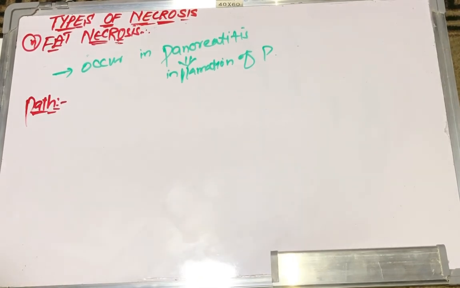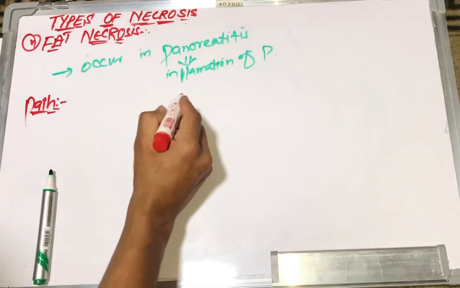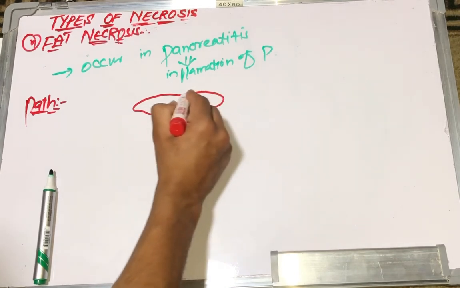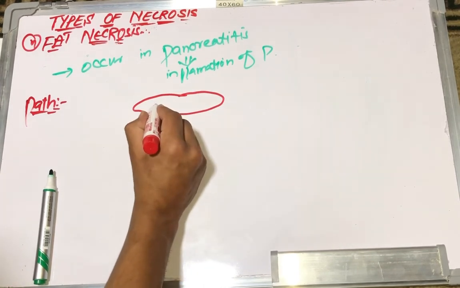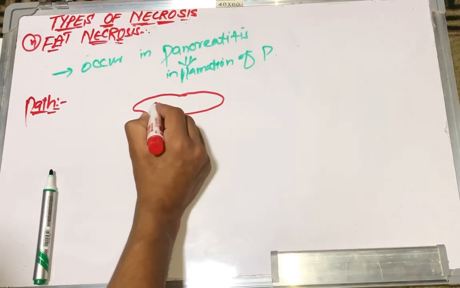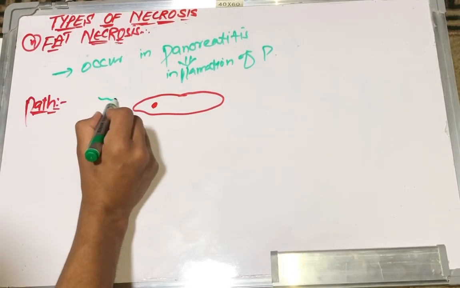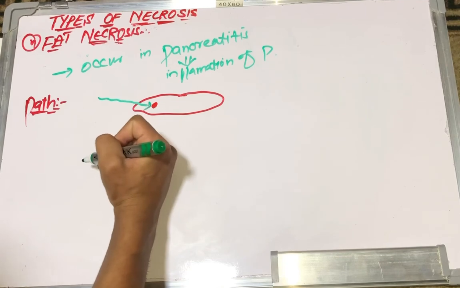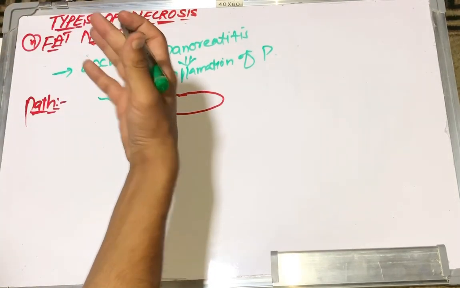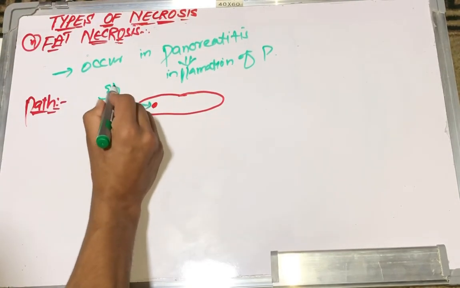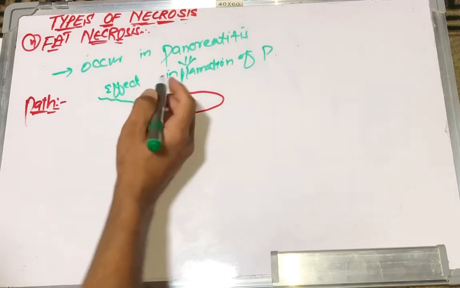Suppose this is a pancreas, and this is an area inside the pancreas. Suppose any radiations or toxins or anything affects this part.